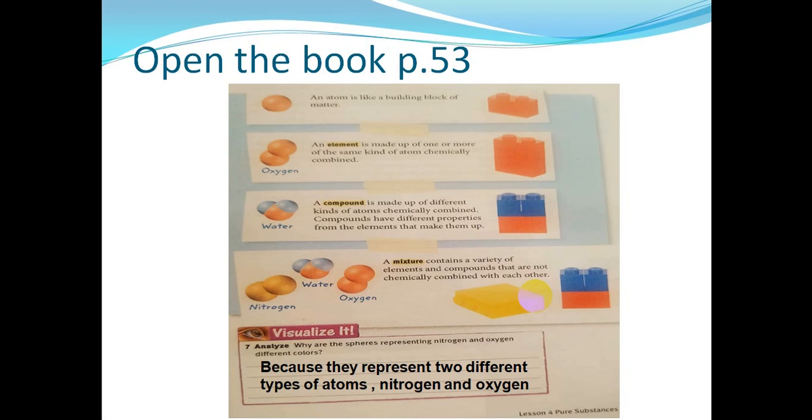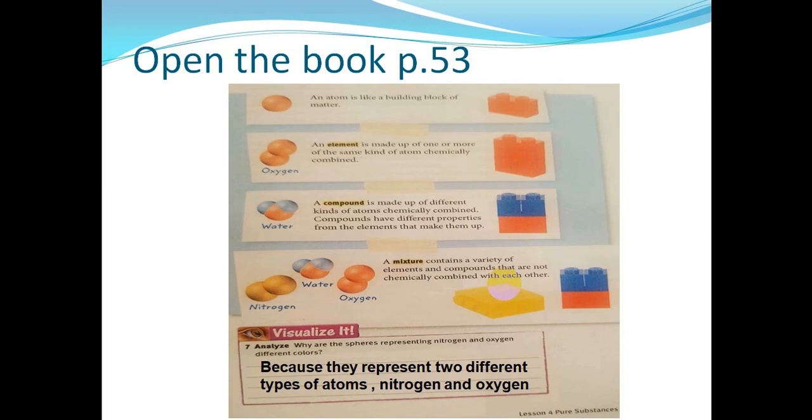Please highlight this part with me: in a mixture, elements and compounds are not chemically combined, because in elements the atoms are chemically combined, in compounds also atoms are chemically combined, but in the mixture again they are not chemically combined. This is the main difference between elements, compounds, and mixtures.